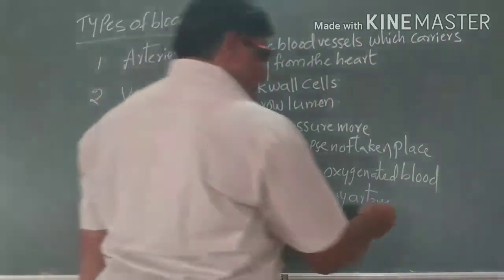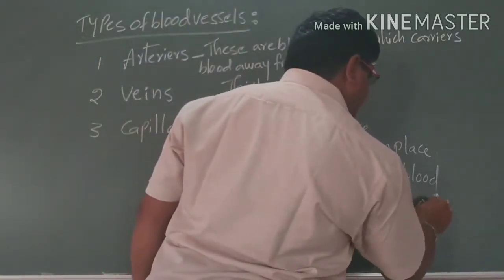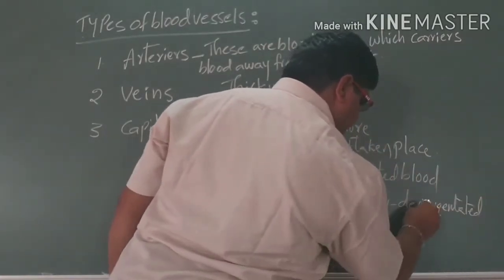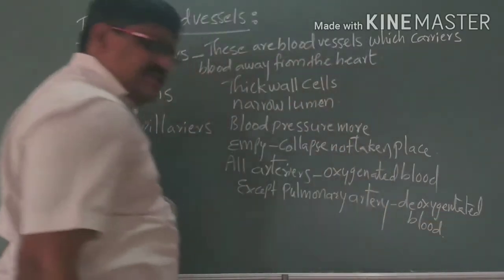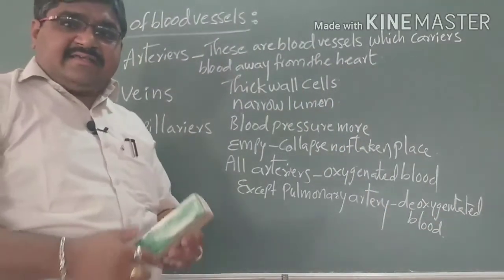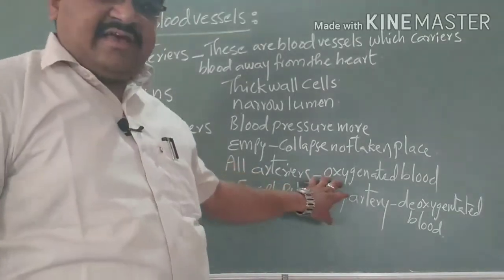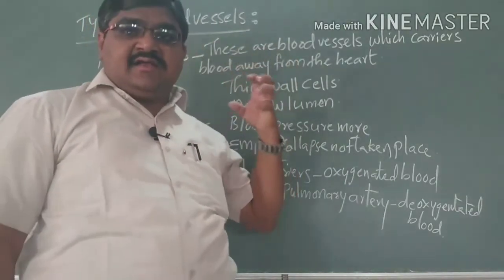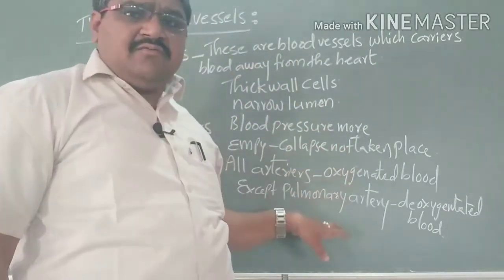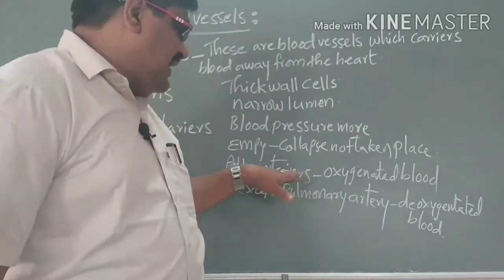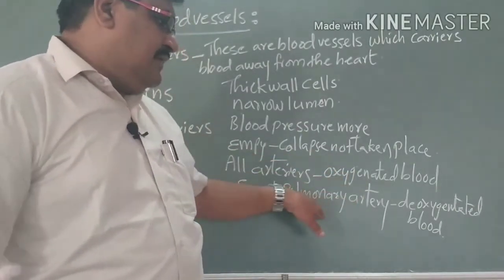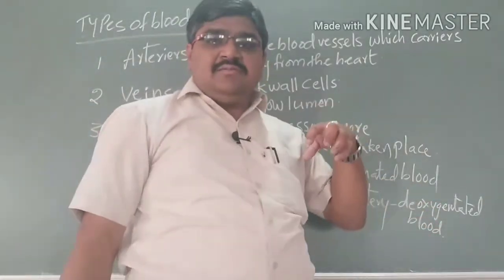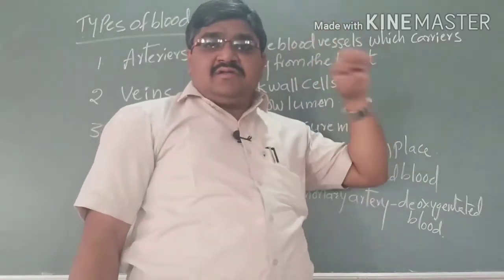The pulmonary artery carries deoxygenated blood. So all arteries carry blood away from the heart, and except one artery, the pulmonary artery, which carries deoxygenated blood from the heart to the lungs. All carry oxygenated blood except the pulmonary artery, which carries deoxygenated blood from the heart to the lungs for purification.